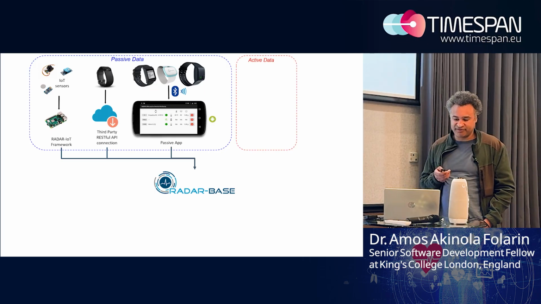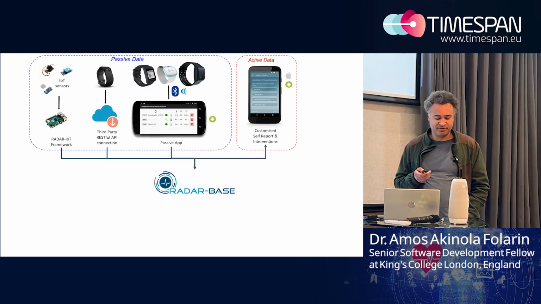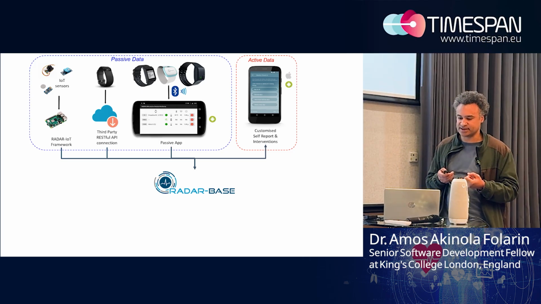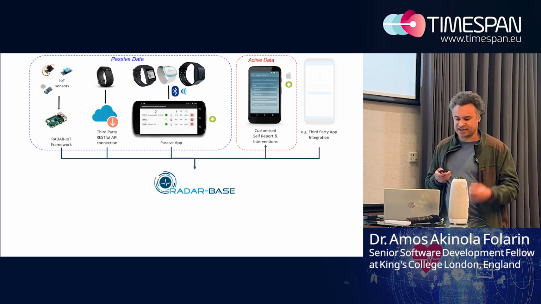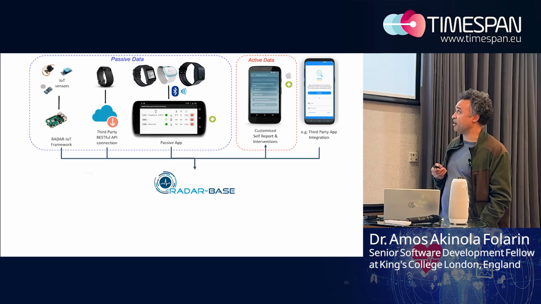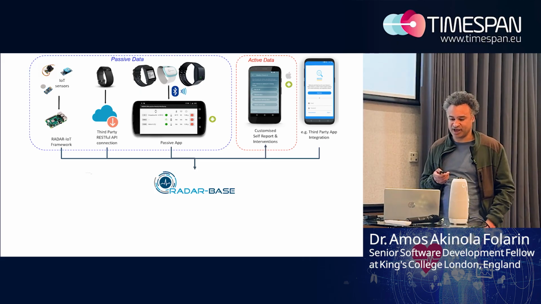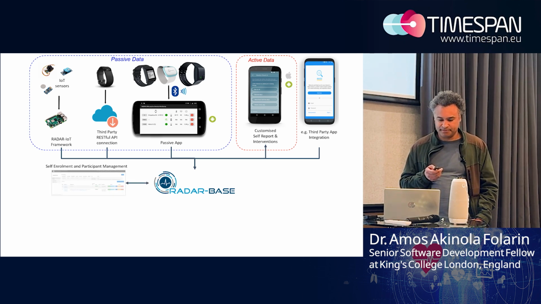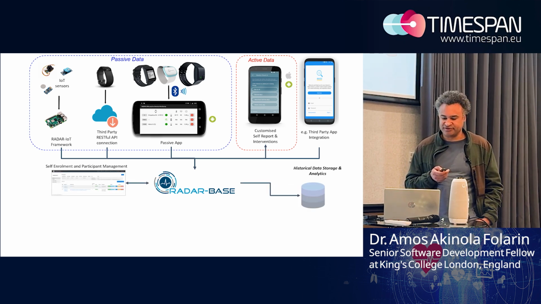Then the other app we have in Radar is something called the Active app, and this is where people actually need to make some conscious effort when they're generating data. The Active app is principally our questionnaire app, if you like, but we also do a range of other things. Again, I'll touch upon some of those later. There are some management user interfaces.